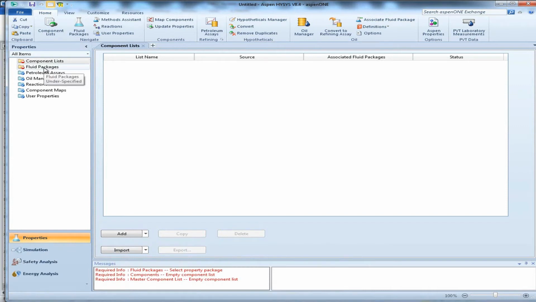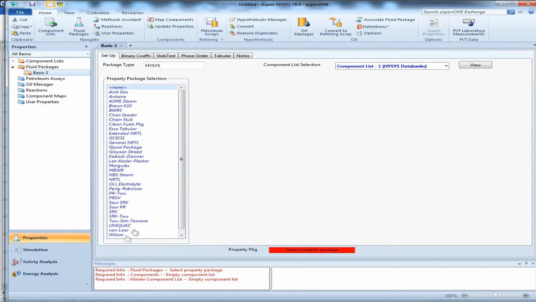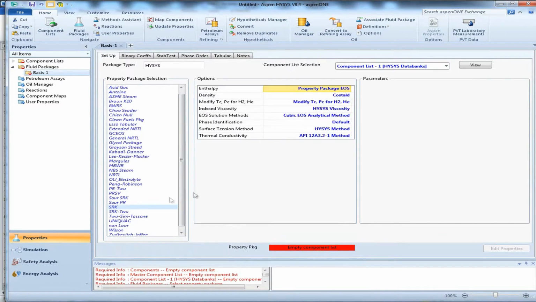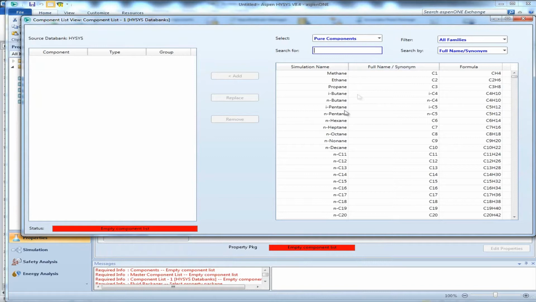Starting with the fluid package, we're going to use SRK, and then input chemicals.